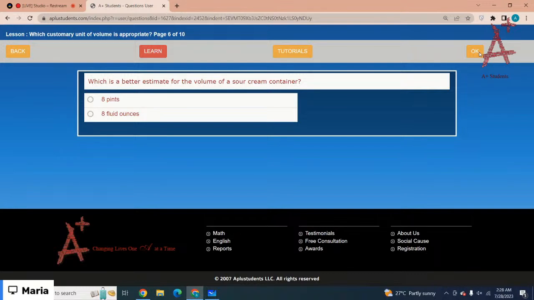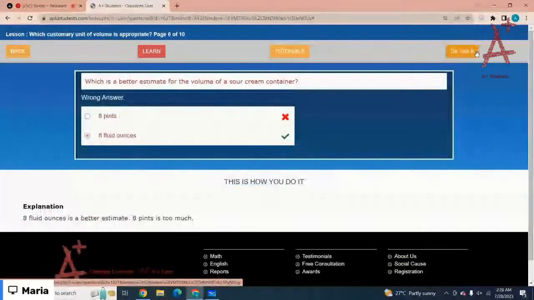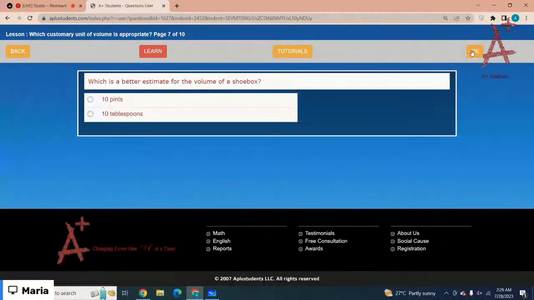For a sour cream container, it would be 8 pints, because fluid ounces is much less for a container. Very good. Actually, 8 fluid ounces is a better estimate because 8 pints is too much, right? So the correct option is 8 fluid ounces, not 8 pints.